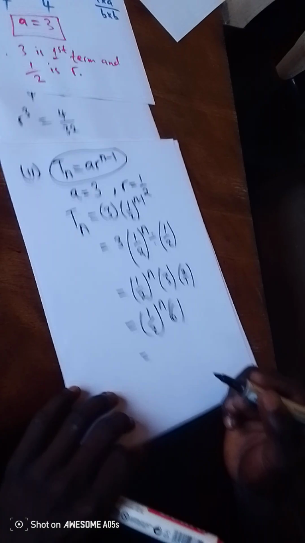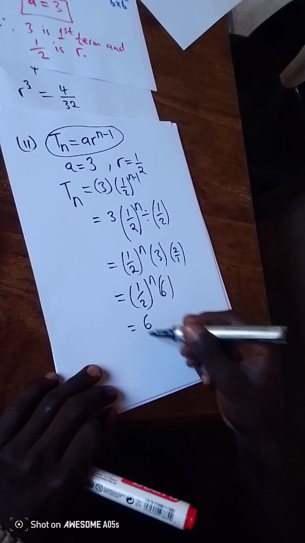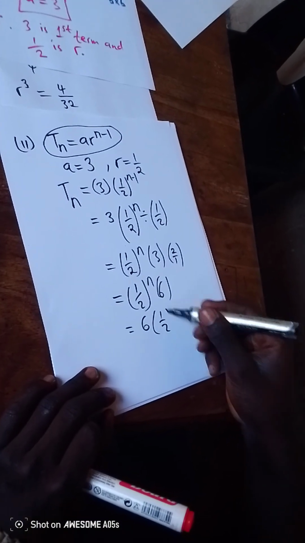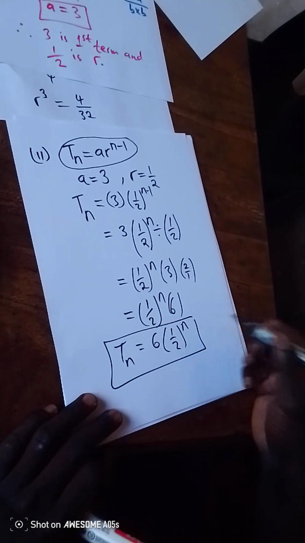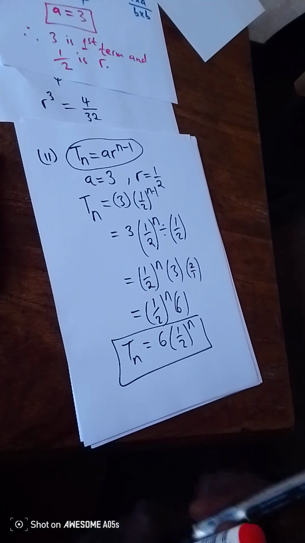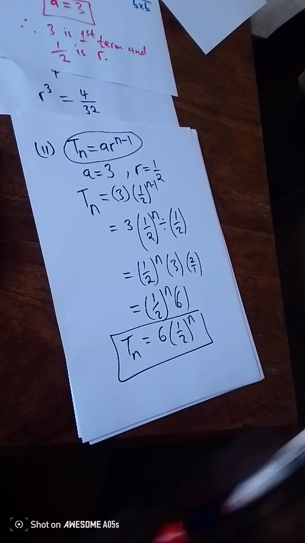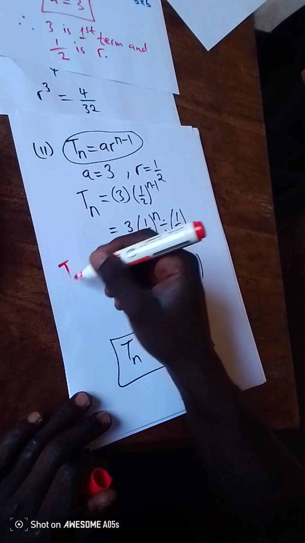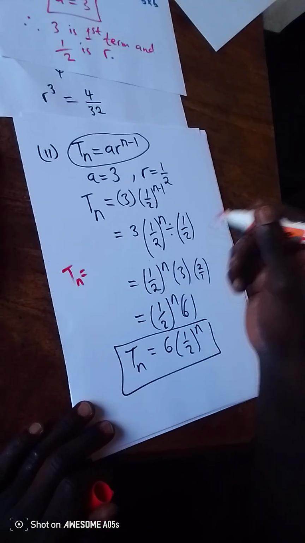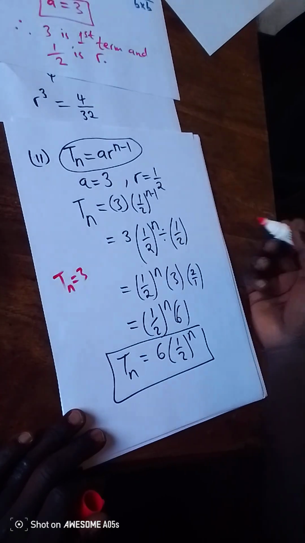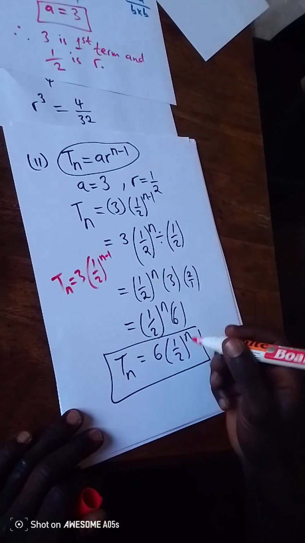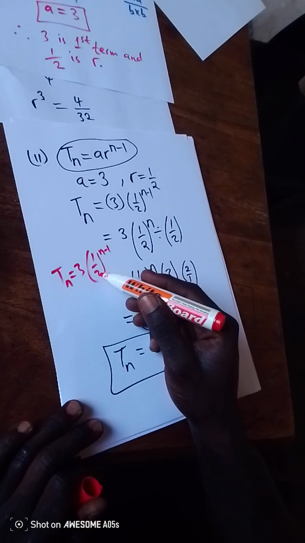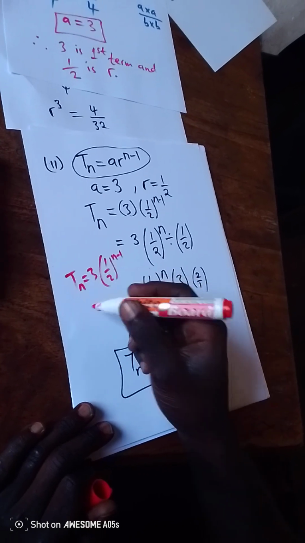Then we know that a number should be in front, so it will be 6, then 1 over 2 to the power n. So that is our Tn. So in simple terms, or as a shortcut, if you have been given Tn equals like that, then 1 over 2 to the power n minus 1, just get this one and multiply it there.